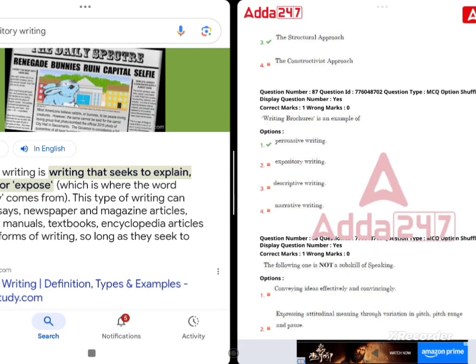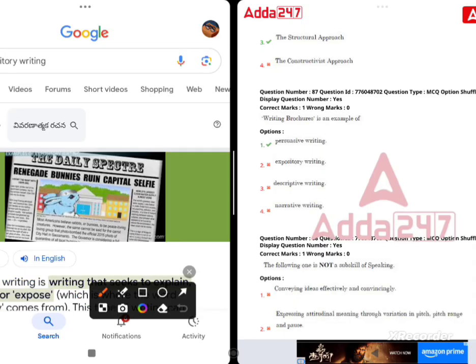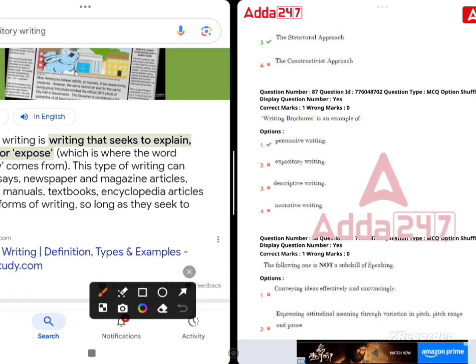Second option, expository writing. Expository writing is writing that seeks to explain, illuminate or expose, which is where the word expository comes from.